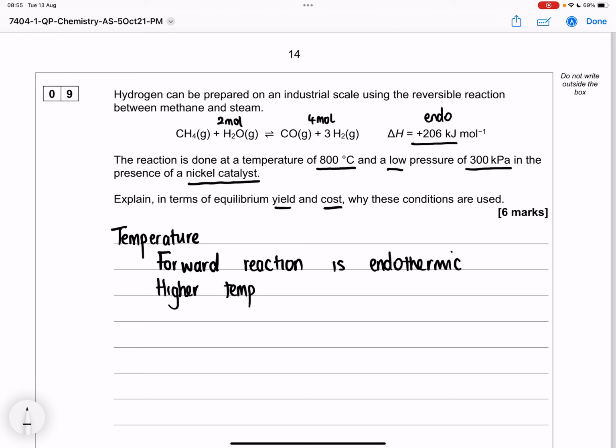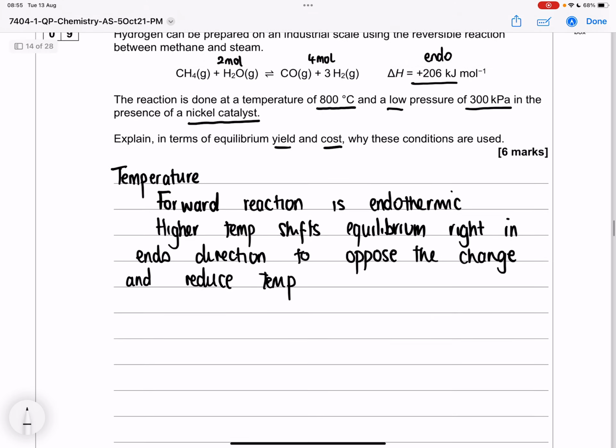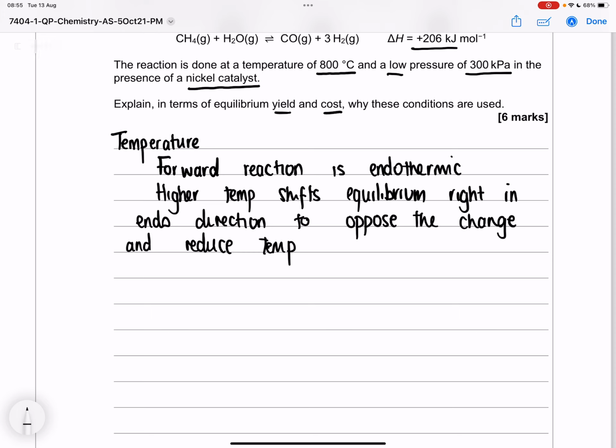So a higher temperature shifts equilibrium right in the endo direction to oppose the change and reduce the temperature. So that's why we might use a high temperature.